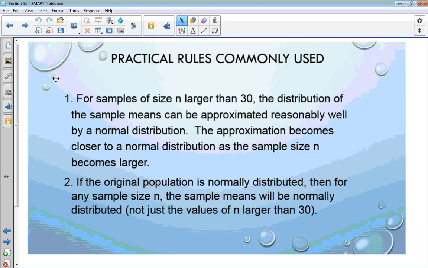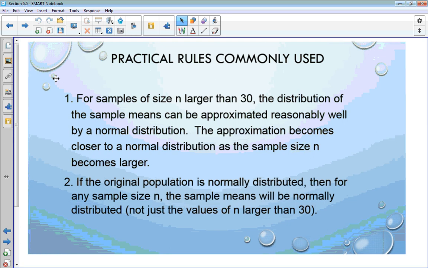So these are just some practical rules that we use in statistics. For samples that have 30 or larger, the distribution of the sample means can be approximated by using that normal distribution. Again, the higher the number, the closer it comes to the normal distribution.